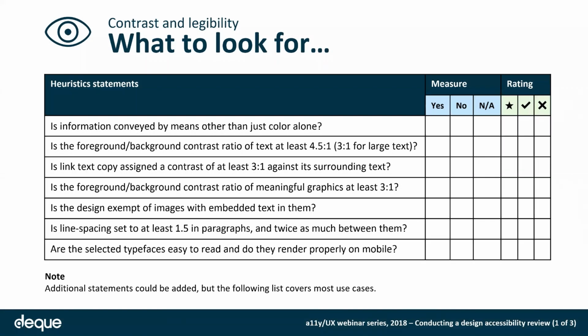Yes, thank you. So the common example of using color alone is showing an error state with only a red color border around the form fields. Another scenario that comes to my mind is showing green as success and red as failure. In both these scenarios, a colorblind user will not be able to understand what is going on on the screen because they would not be able to distinguish between red and green.